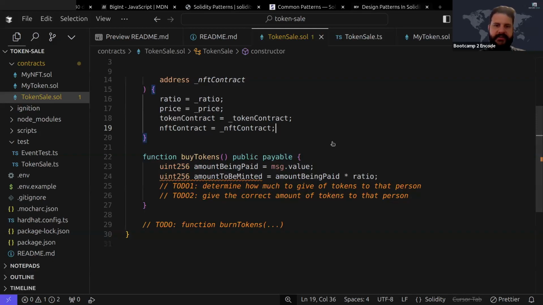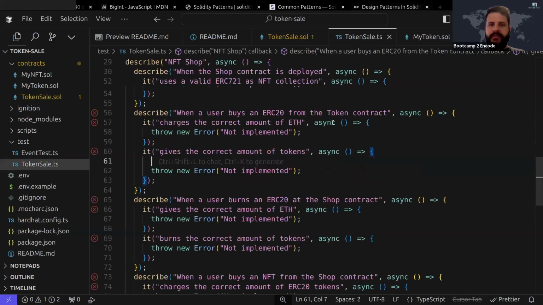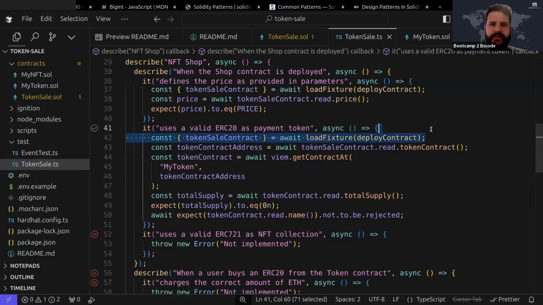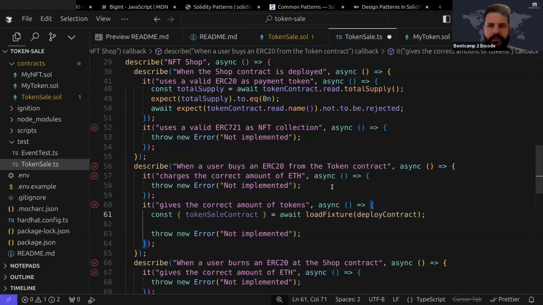So let me compile this smart contract. I know I still have some things to do here, but let me compile and go back to the test just to make sure we know what to do here. I'm going to pick the token sale contract from the fixture. Okay.